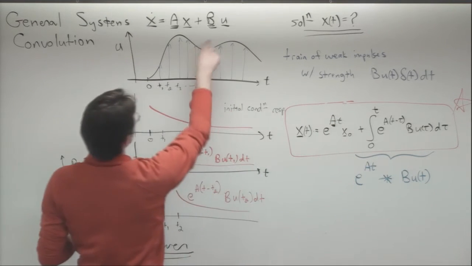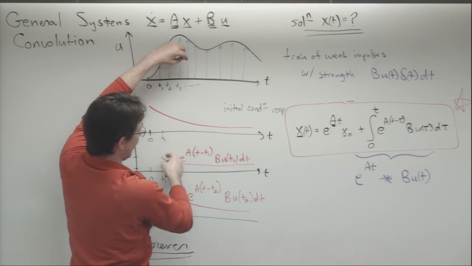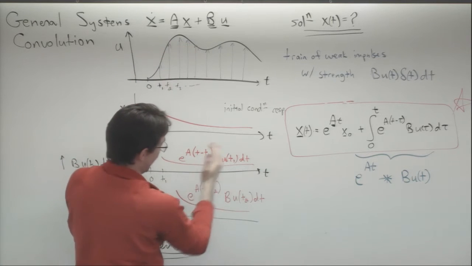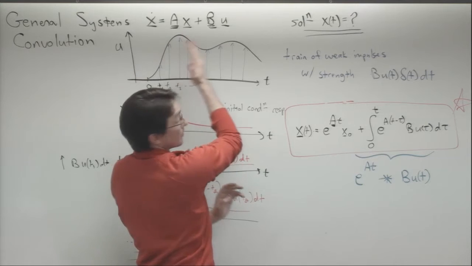So every little u is contributing to my state x, but that's dying out. And so we have to add those time-shifted exponential decays for each of those little impulses in u.